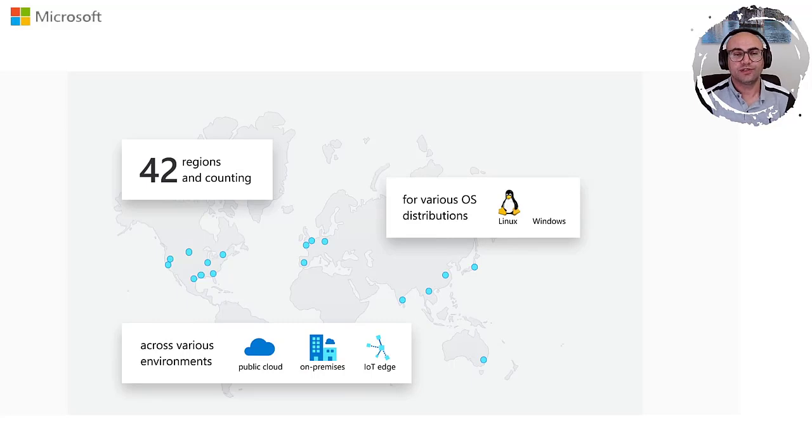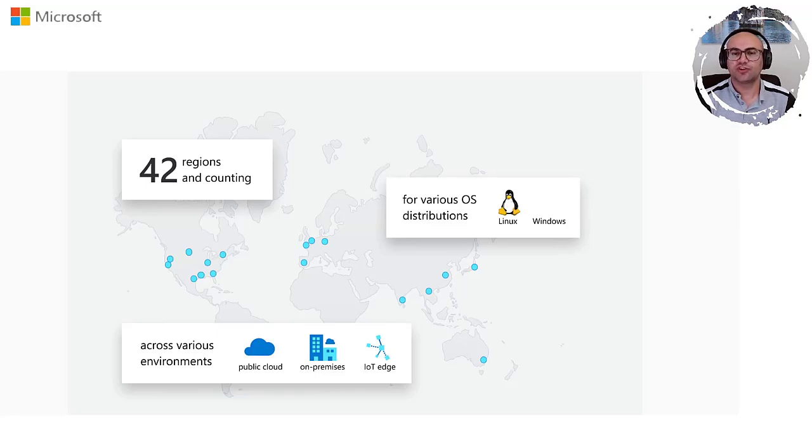Azure Kubernetes Service is available in more than 42 regions at the moment, which, as I mentioned before, makes it one of the most accessible services within not just Azure, but also other cloud providers out there. You can orchestrate any type of workload running in an environment of your choice.